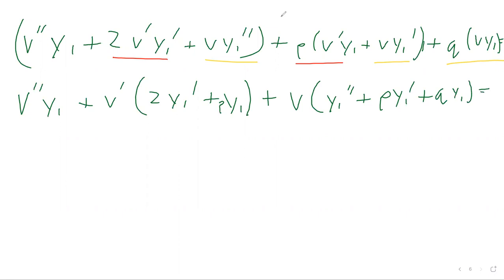Just like we did before, that whole thing, since y1 is a solution, is going to equal 0. So that's all gone.